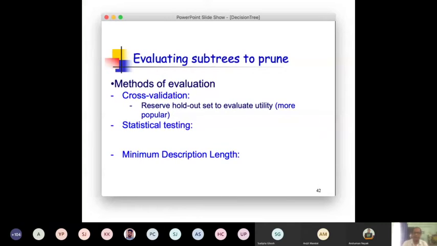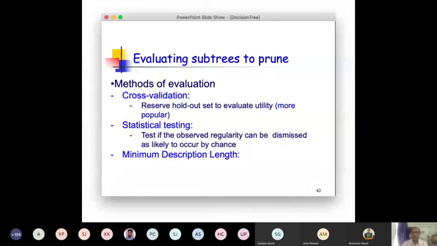You can divide the data set into a training set and validation set, take different partitions, and finally find the average test error. That is the kind of cross-validation, but there are other methods also. Then there are statistical tests, which I will be discussing in subsequent topics.